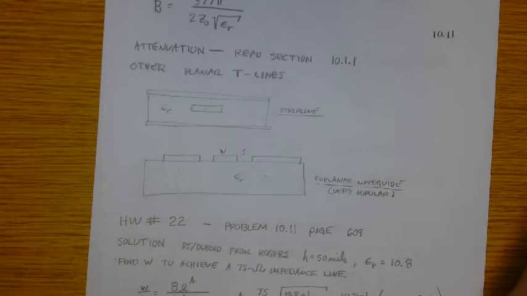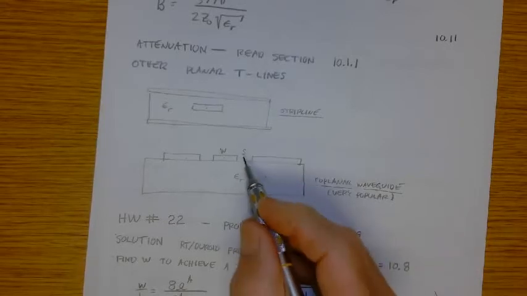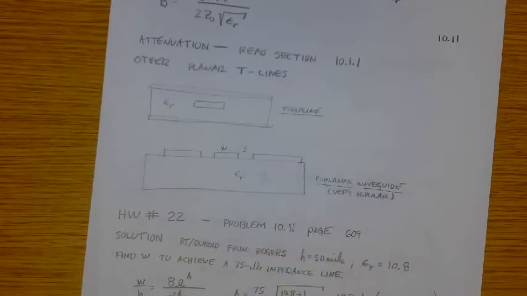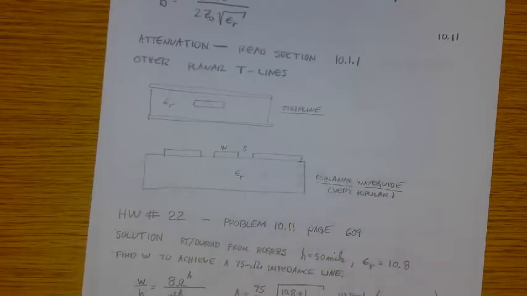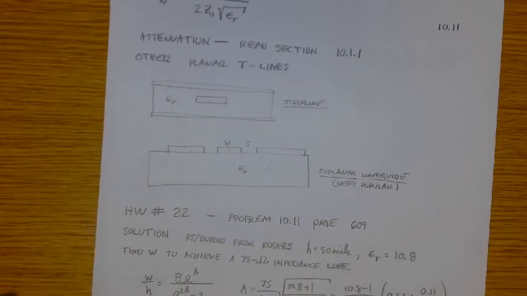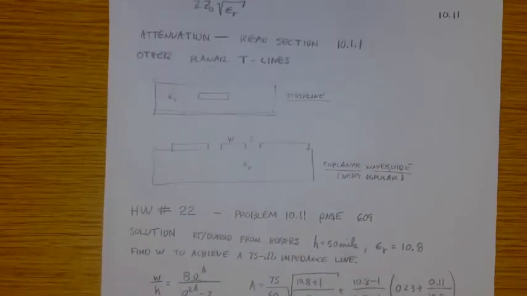They wouldn't be the same as for microstrip, but they would be somewhat similar in form. You could get those off the web, and there are all kinds of little apps online that would tell you the width to spacing ratio to get a given characteristic impedance for coplanar waveguide with a given epsilon relative. And so these concepts are extended fairly straightforwardly.